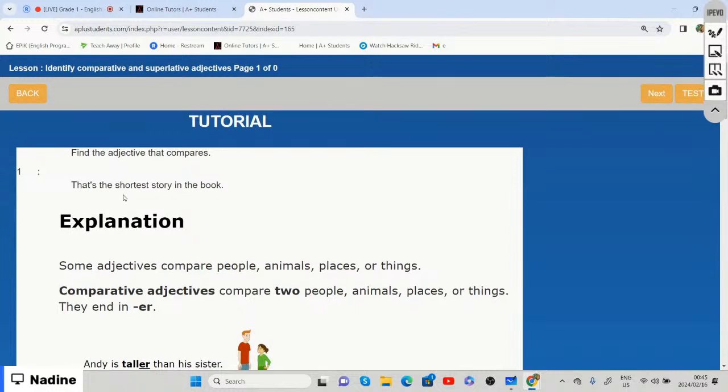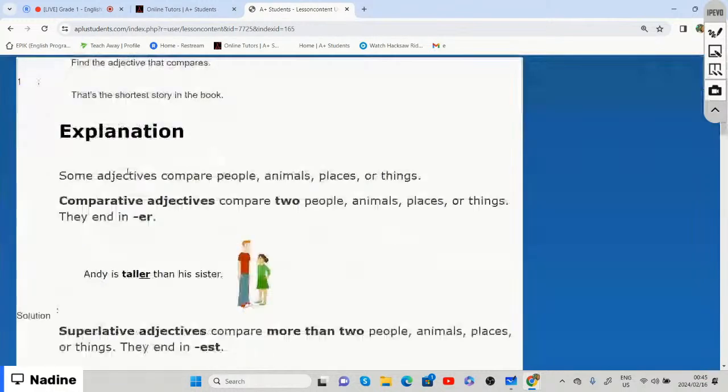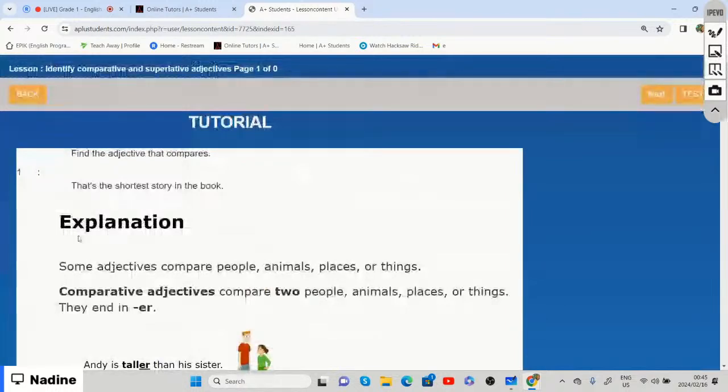So we say that we are comparing these two. So since we know this one, we say that's the shortest story in the book.